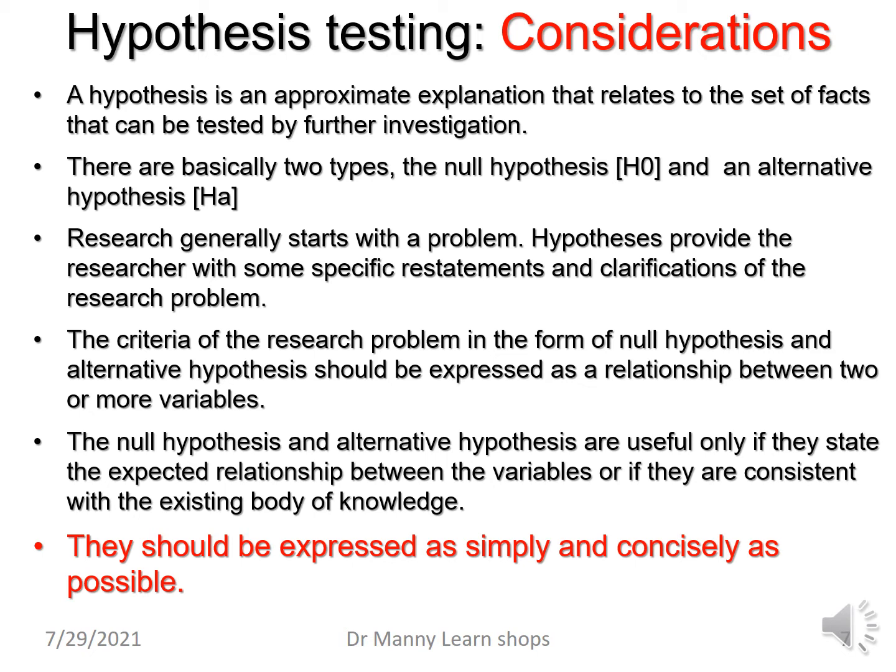The null hypothesis and alternative hypothesis are useful only if they state the expected relationship between the variables, or if they are consistent with an existing body of knowledge. They should be expressed as simply and concisely as possible.